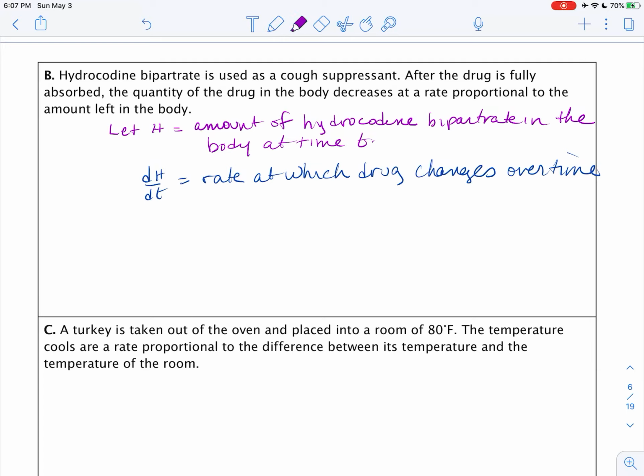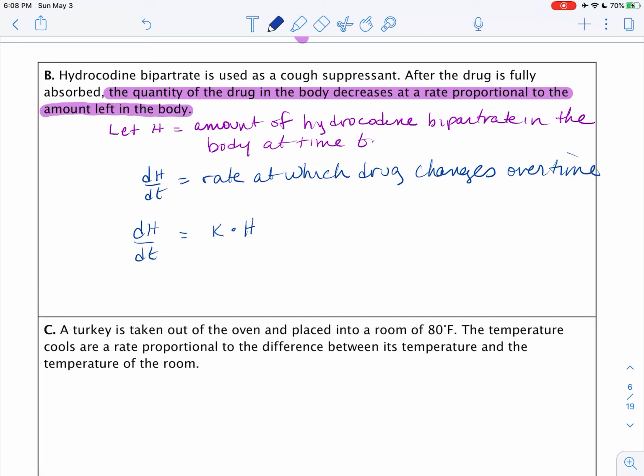And taking the statement, the quantity in the body decreases at a rate proportional to the amount left in the body, then we can say here that dH/dt equals a constant times the amount that's left in the body.